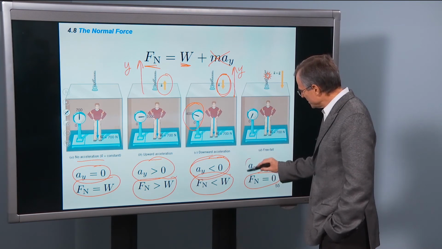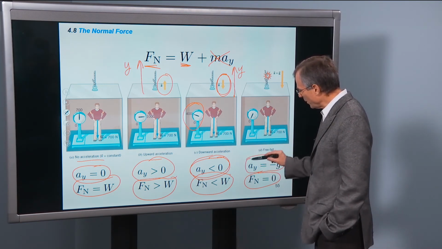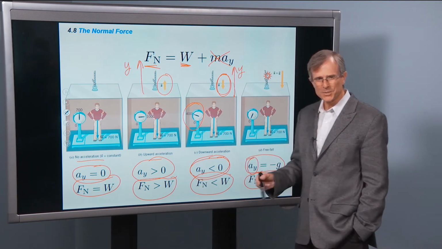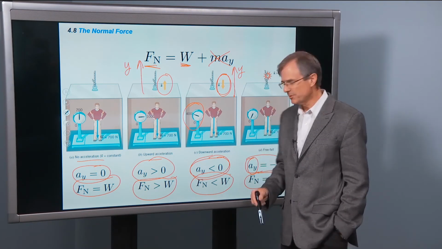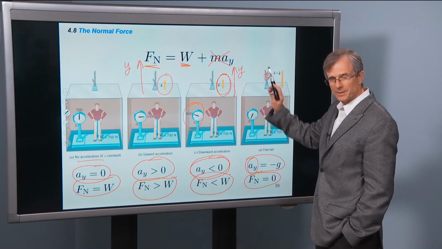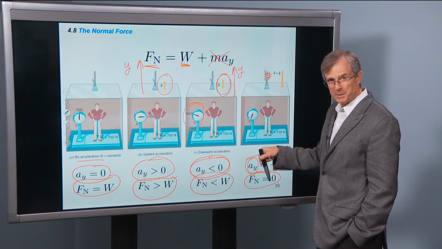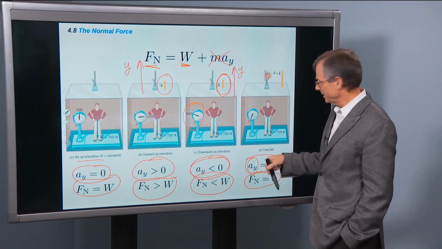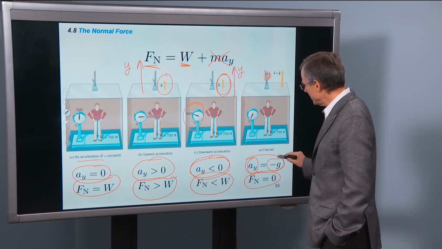Well, your acceleration now, the component of the acceleration in the y direction, just like a lot of the problems we did in chapters 2 and 3, the y component of acceleration is a negative 9.8 meters per second squared. So that'll be minus g.